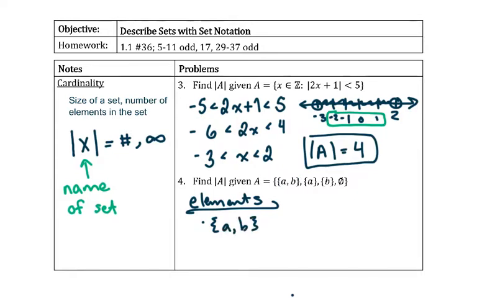And then we hit a comma. We end the bracket, we hit a comma. So it's almost like a grammar lesson. The next one is a, the next one is b, and then the final element is the null set. So again, like I said, we're looking at a set that contains sets, which is absolutely fine. Sets are just collections of anything, and we can see we have, once again, 4 elements.